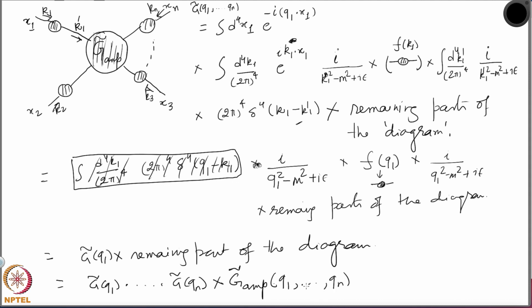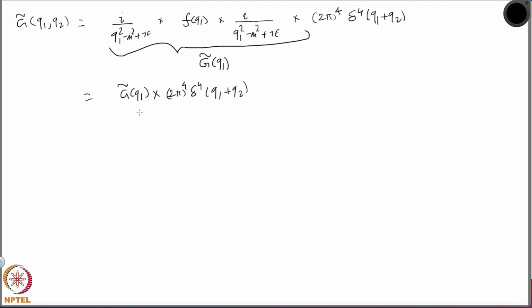So that's what we have achieved, and I know what exactly g tilde n is. I should put a superscript 2. That's g tilde 2. And what is g tilde 2? This is exactly this object.